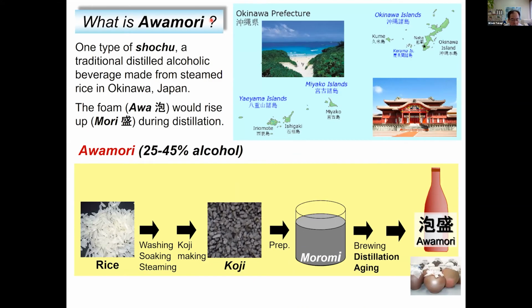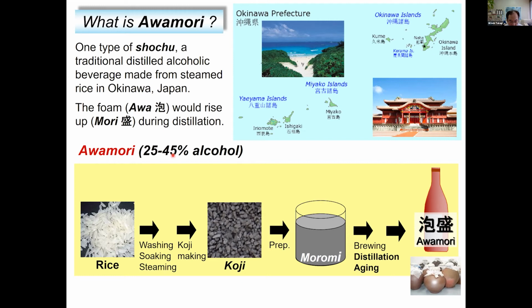What is awamori? It is a type of shochu, a traditional distilled alcohol beverage made from indica steamed rice in Okinawa, the subtropical islands in Japan. Its brewing process is quite different from that of other distilled spirits like whiskey, made from grain mash, where starch is converted to alcohol via sugar by malt enzyme and yeast.